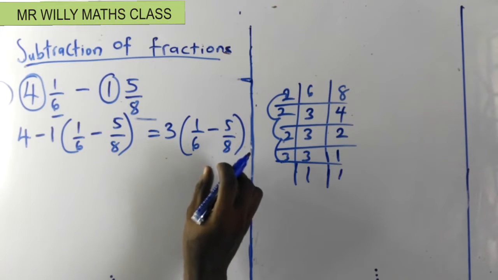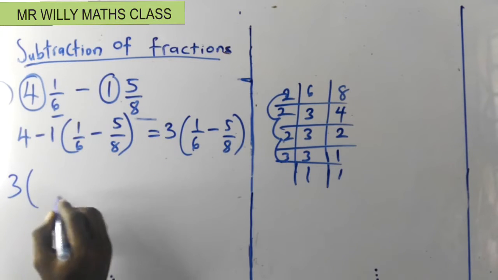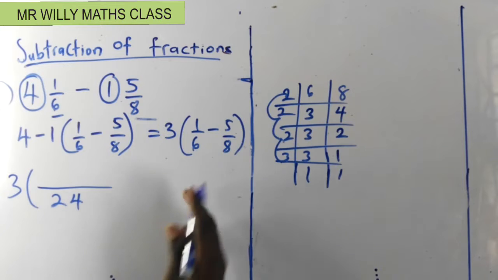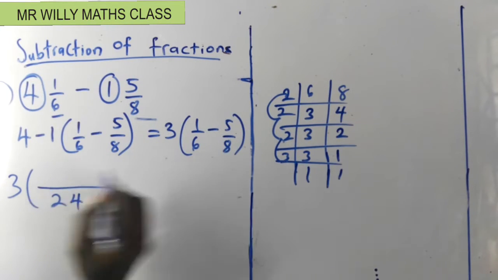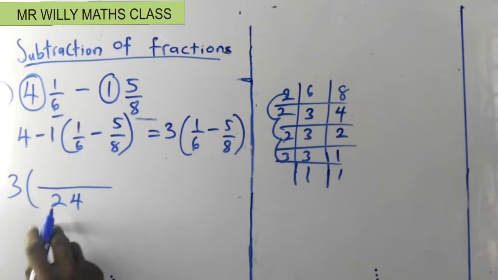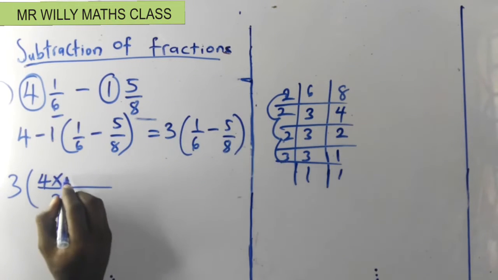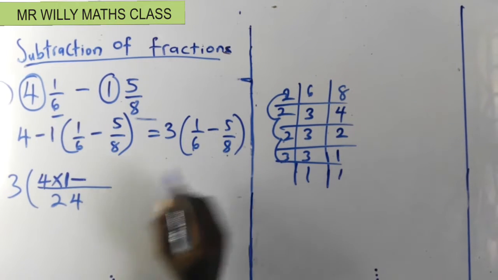So the LCM for 6 and 8 is what? 24. So you still have your 3 in front of the bracket. Now the LCM is 24. Now 6 in 24, that will be what? 4. So use this 6 to divide this 24, that will be 4. Now use that 4 to multiply the numerator, which is 1. Then 8, how many 8 can you see in 24?